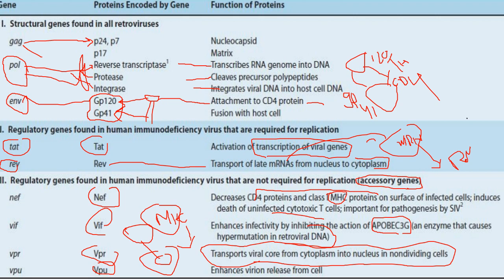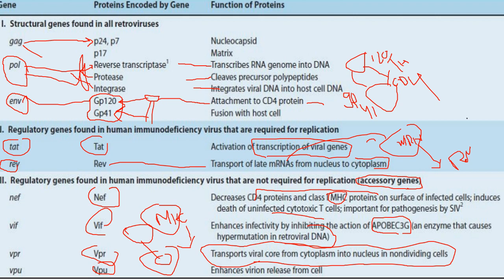Now what is CD4? CD4 are the receptors that are present on which type of cell? T helper cells. They are present on T helper cells. They are also present in macrophages. When the virus comes, it attaches to the T helper cell. Why does this T helper cell have CD4?